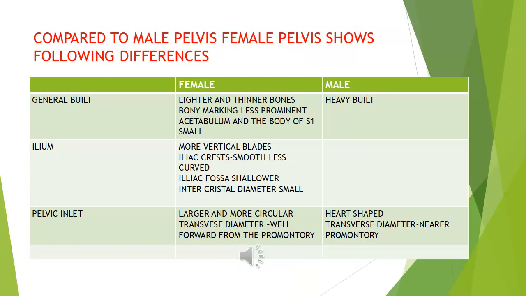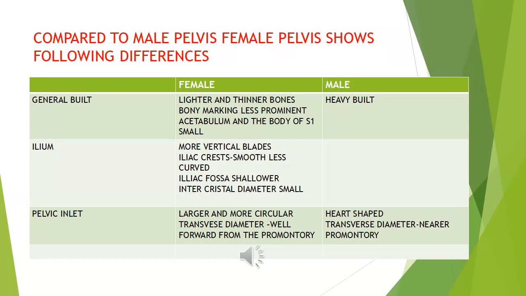Then the iliac fossae are shallower in females. Because of the vertical alignment of the blade, the diameter between the two iliac crests, that is the intercrestal diameter, is also small in the case of female as compared to male.